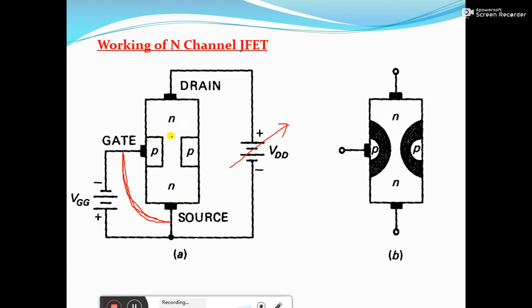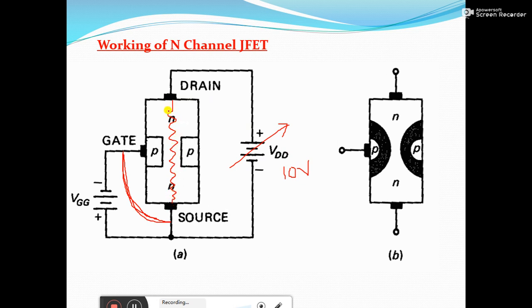And the reverse bias is not uniform here, because you can see, let's say we have applied a 10 volt here at the drain terminal. So I can consider this as a uniform resistance. So here the voltage won't be the same at all the points.